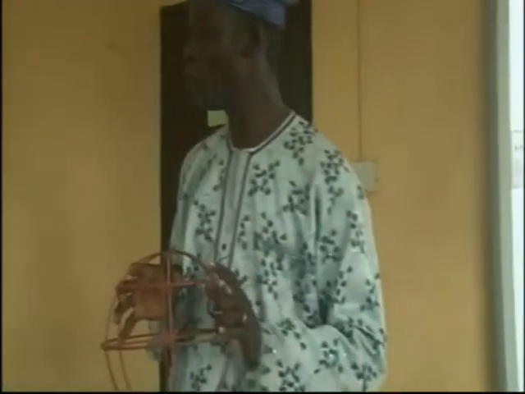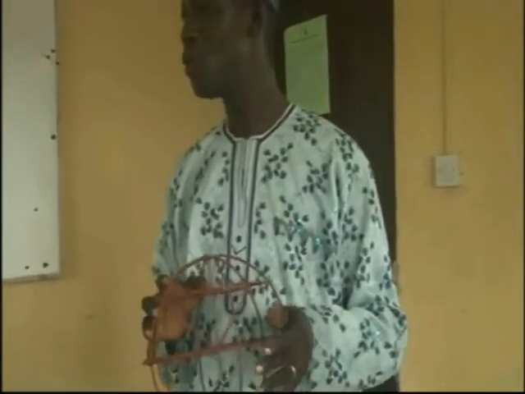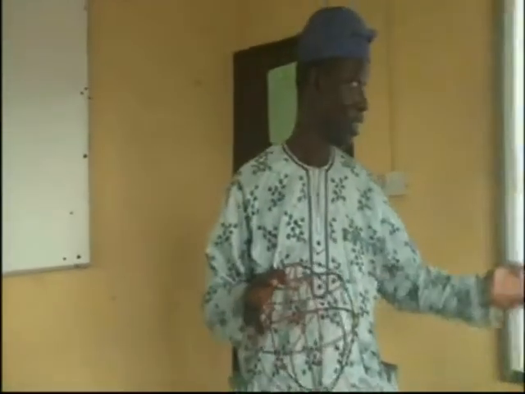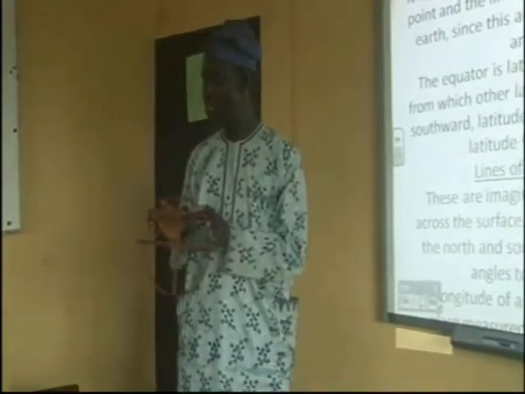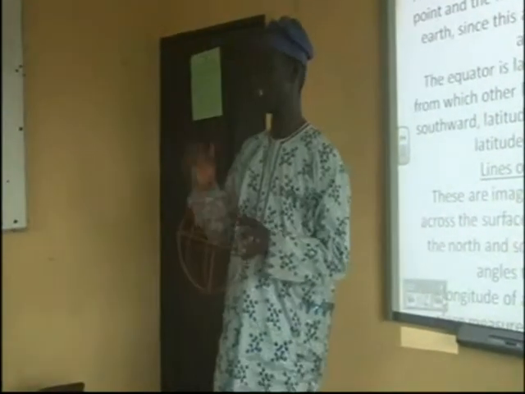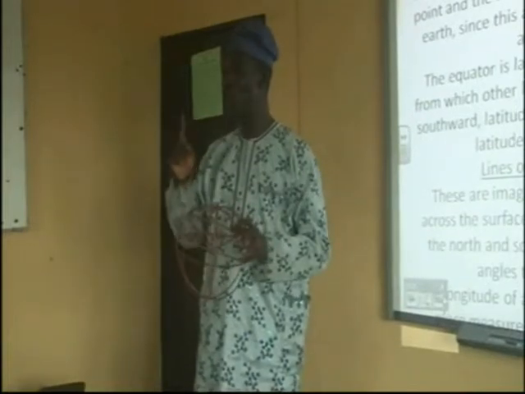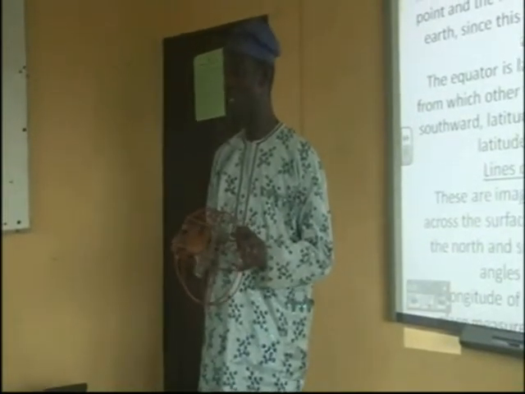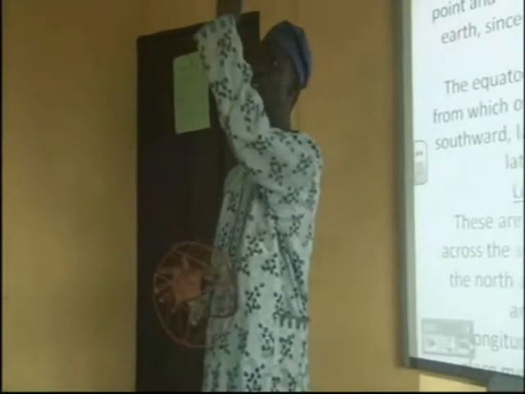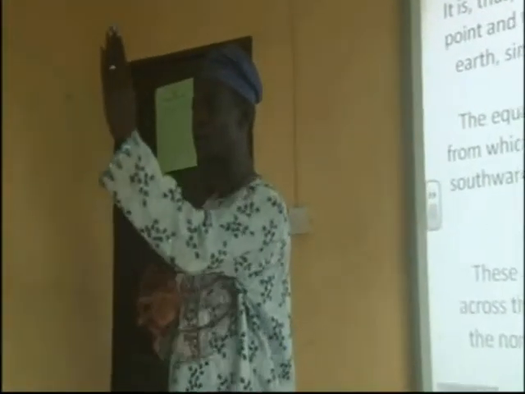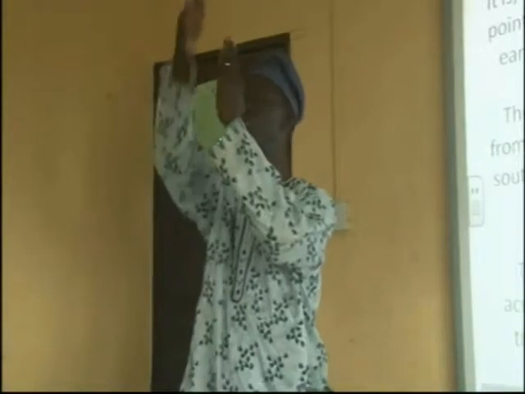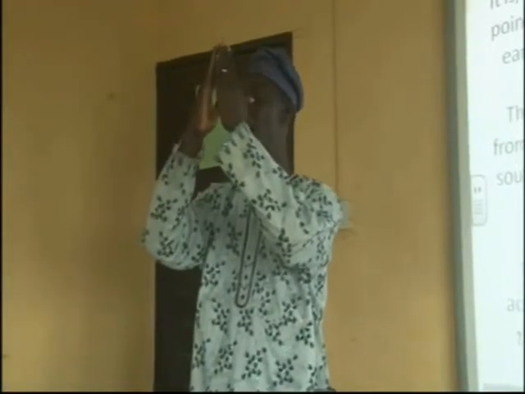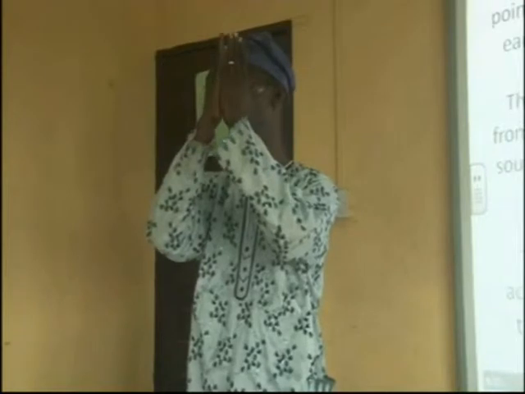Have you heard of what you call the Greenwich meridian? For the latitude, what's the reference point? The equator. For the longitude, the reference point is the Greenwich meridian, and it is longitude 0 degree. If the Greenwich is like this, longitude 0, and you have another line of longitude that comes across it like this, passing through the North Pole, you can see there will be an angle between these two palms here.